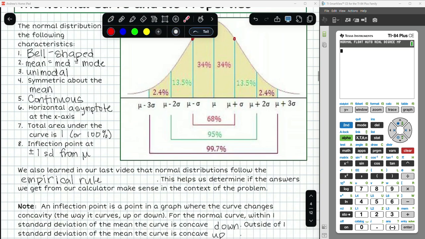So if I go back up, if my standard deviation is bigger, this point is going to move out, this point's going to move out, this curve is going to get flatter, and those longer tails are going to be further out. If my standard deviation is smaller, these points are going to move in, my curve is going to be a lot tighter.